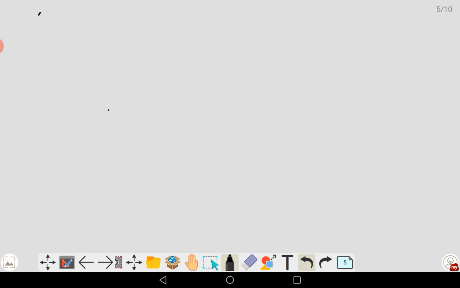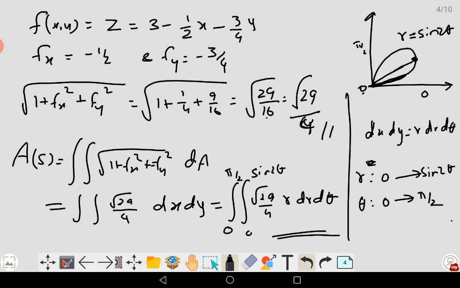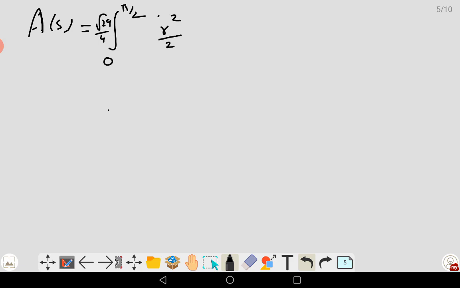And that is the area of S is equal to the outer integral 0 to pi by 2, with the constant square root of 29 over 4 outside. Integrate this term r, you get r square over 2, from 0 to sin 2 theta. Substitute, so take this r squared over 2 outside.